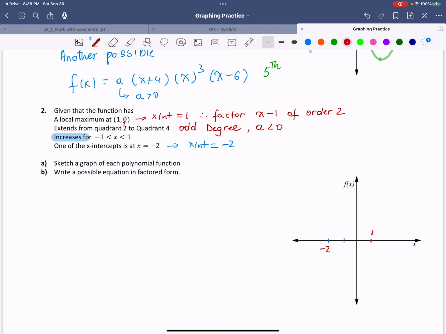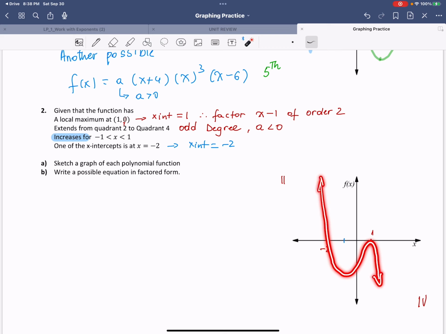So here we go. We have the graph of a function that starts in quadrant 2 and ends in quadrant 4. It has an x-intercept at -2, and it's going to have to hit x equals 1. That's the next x-intercept. It should make a turn because it's a double zero, and the graph should go this way around.